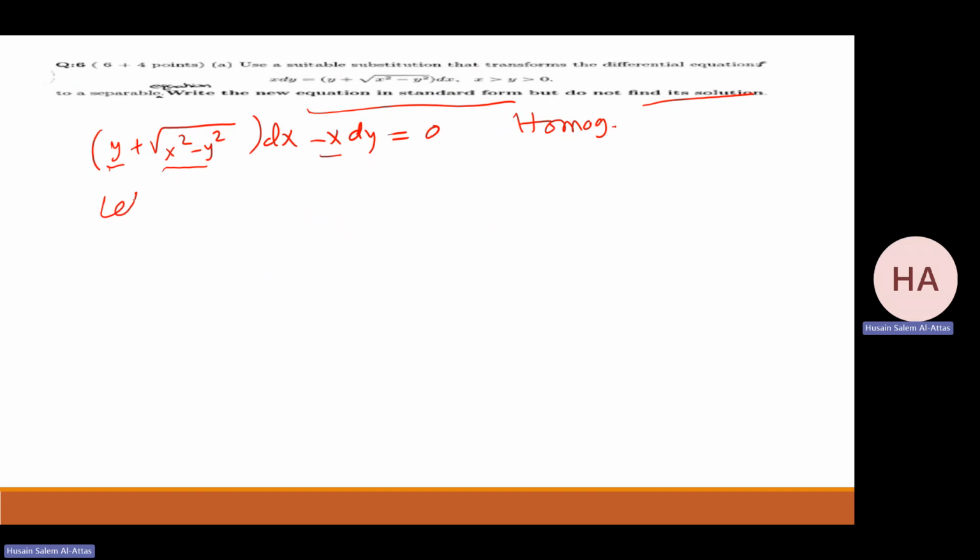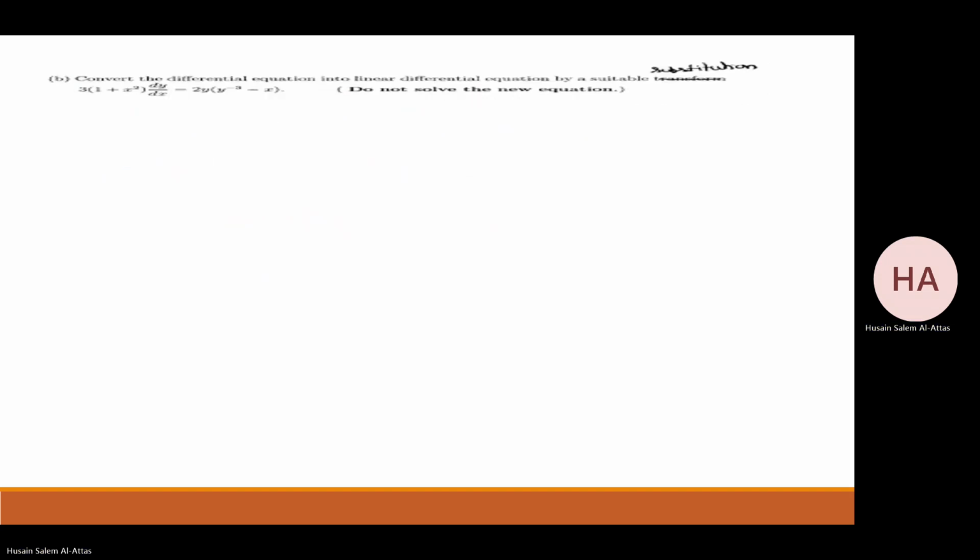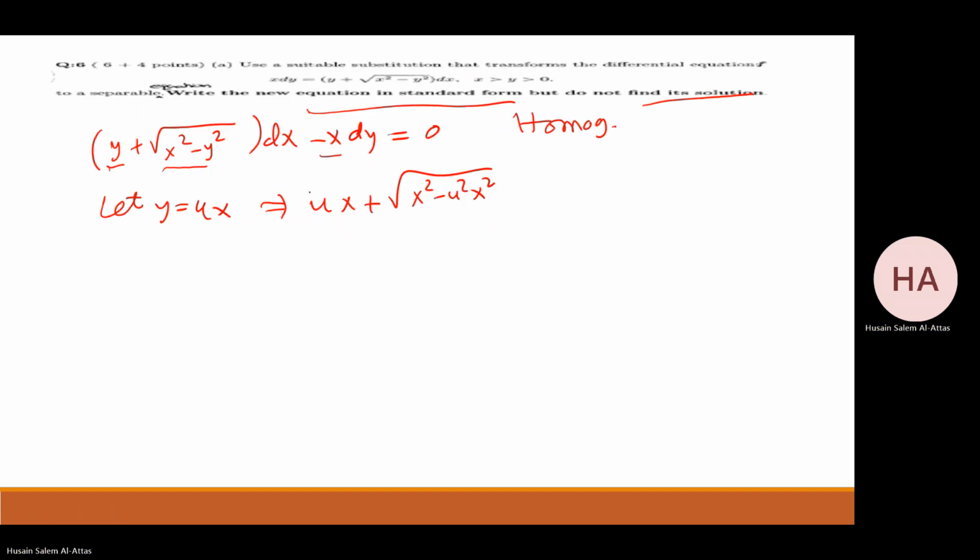So I let y equal ux. That gives me ux plus square root of x squared minus u squared x squared dx minus x times dy, where dy is u dx plus x du.